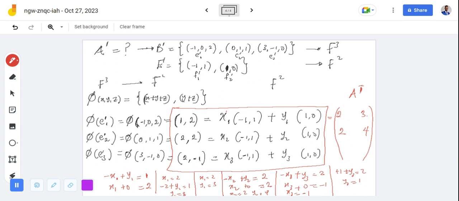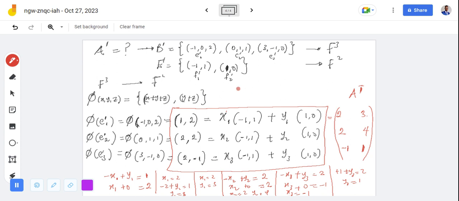So I need to write it out. That means in this case, I'll have my x3 is minus 1, my y3 is 1. Right? So if this is my A transpose, what's going to be my A? My matrix A is now the transpose of the A transpose.